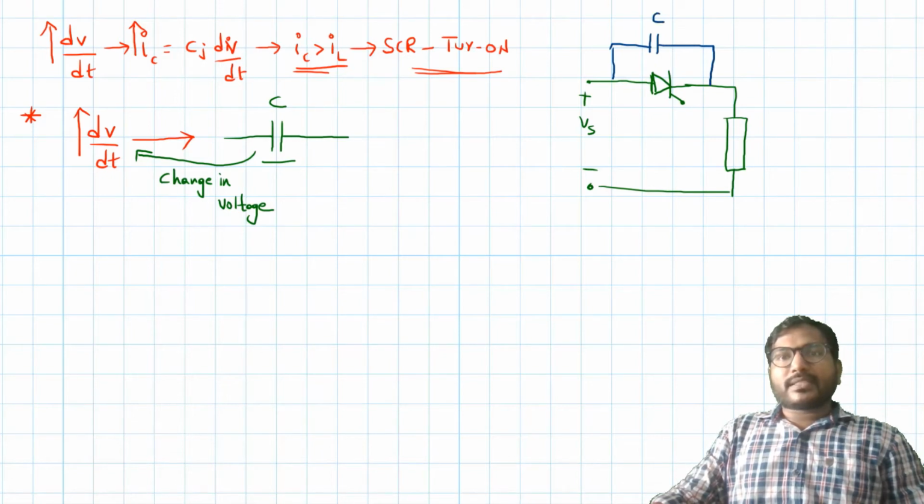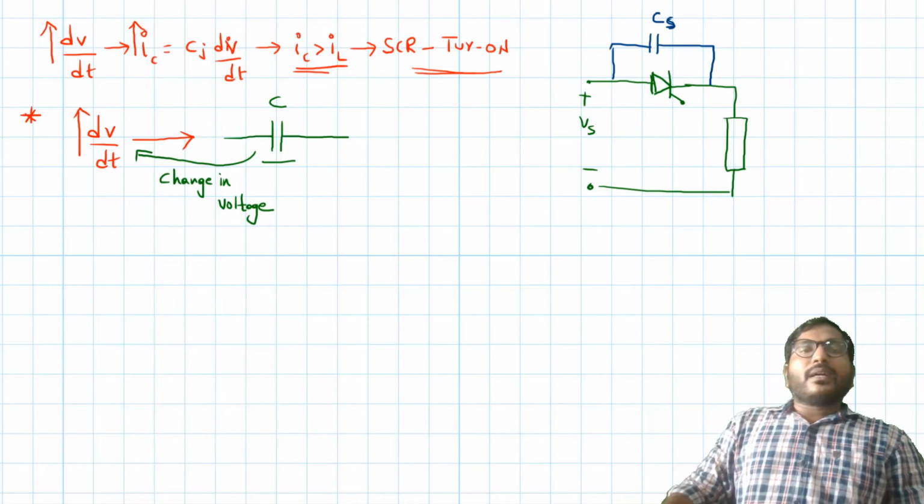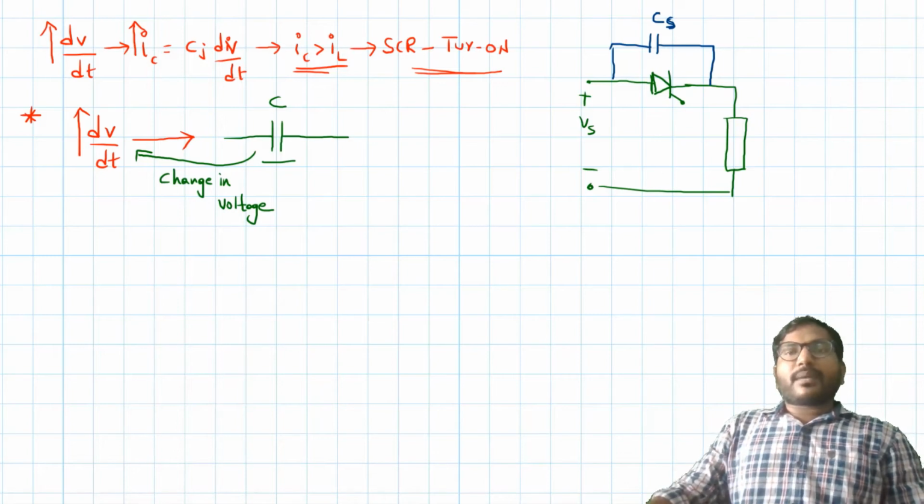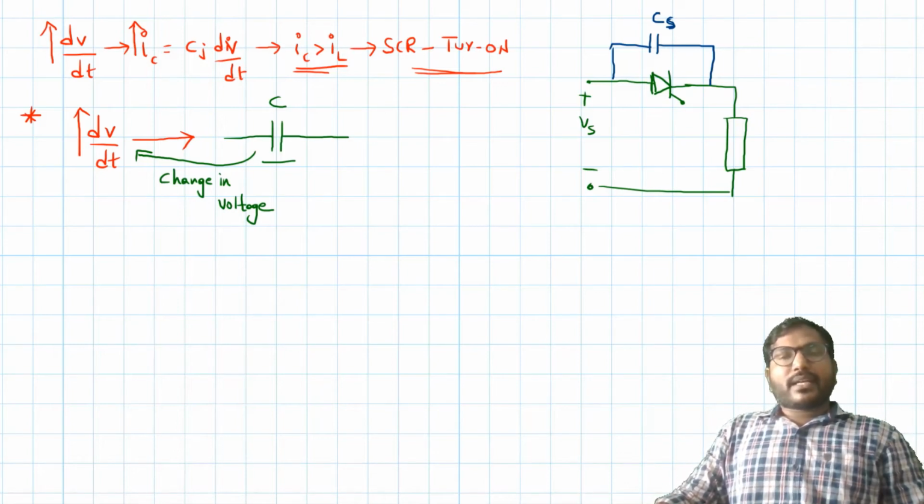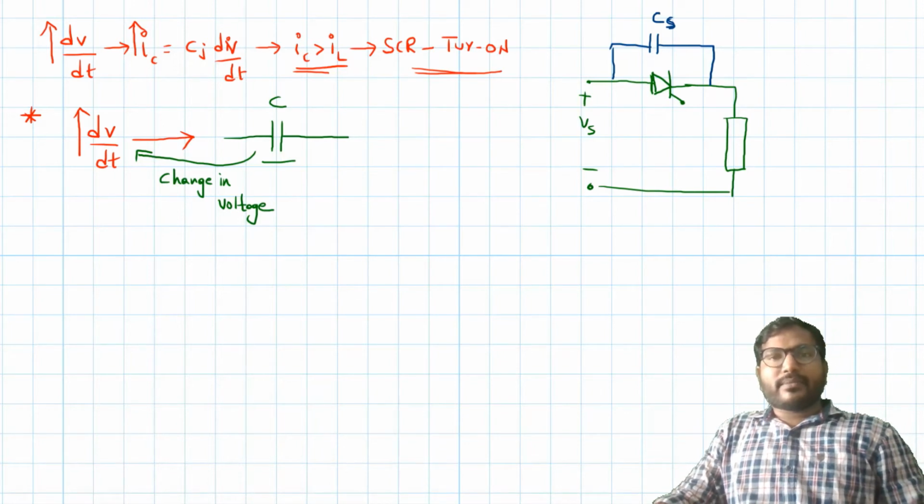This is CS, let us suppose. This capacitor will decrease a high amount of dV by dt.